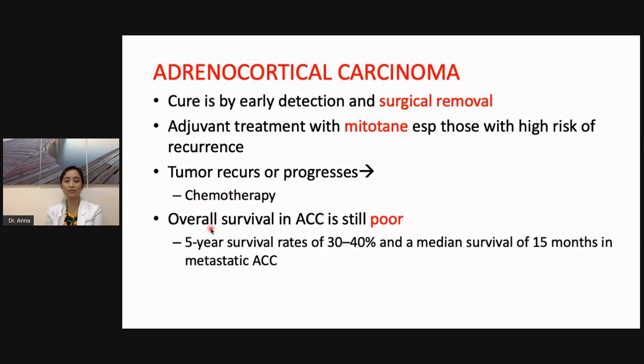But overall, the survival of patients with adrenocortical carcinoma is still poor, with 5-year survival rates of 30 to 40% and a median survival of 15 months in metastatic adrenocortical carcinoma. That's why cure is by early detection, but most patients are discovered very late.